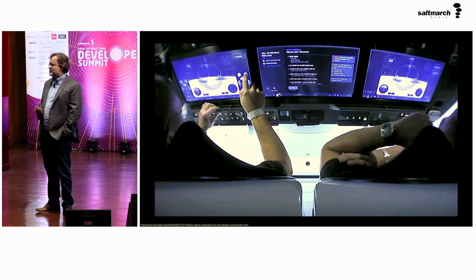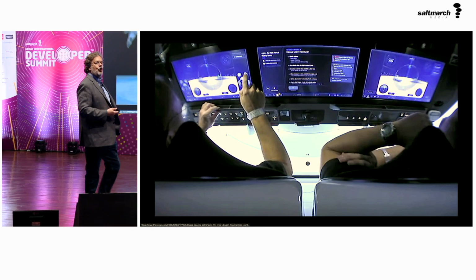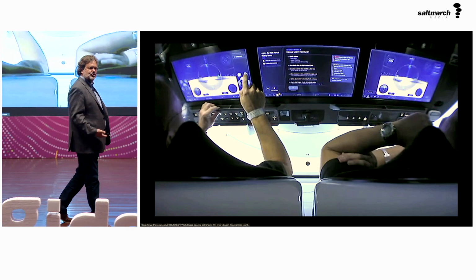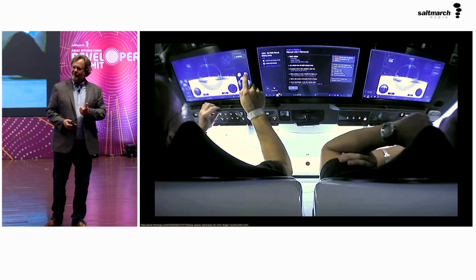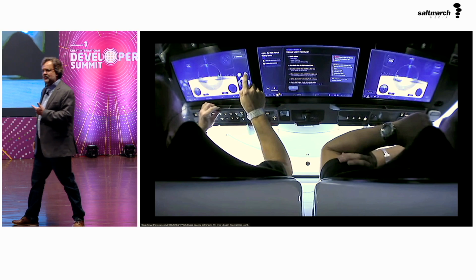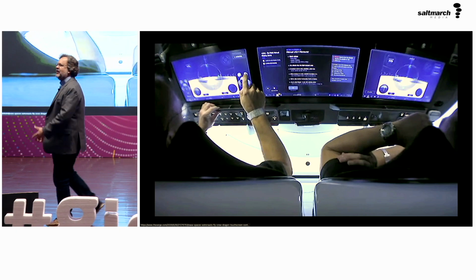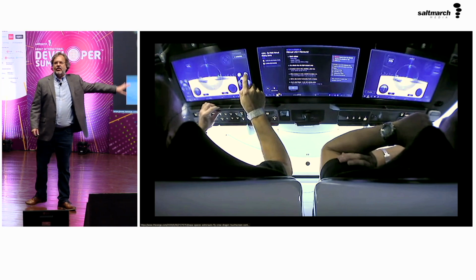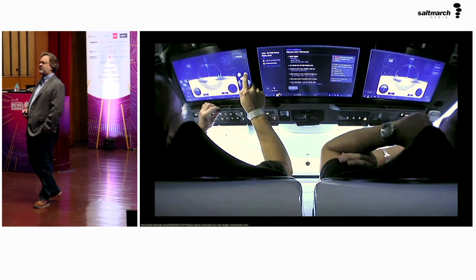It's all touchscreen, and it uses Chromium, the open source web engine that powers Google Chrome, that powers Microsoft Edge, that powers Opera, yes? The Chromium open source web engine also drives the touchscreens in the Dragon space capsule.